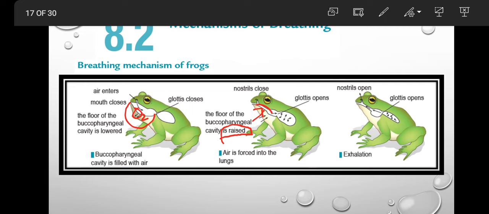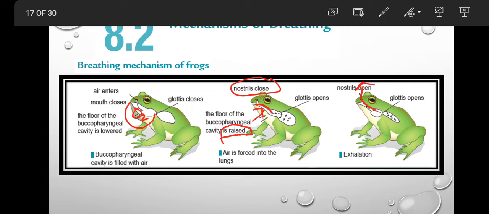So when the air enter the lung, okay, so that is the time exchange of gases, okay, and then end of the day they will push again, the glottis open, and then the air will go out from the nostril.